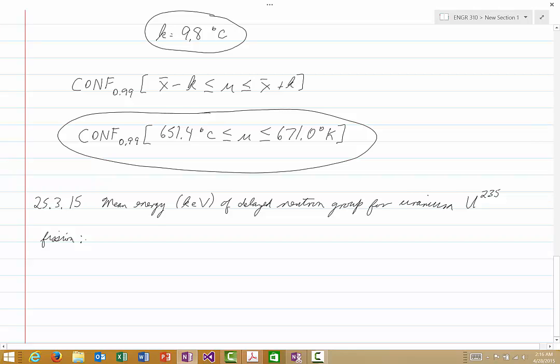I'm sorry, I've left off part of this problem. So here in 25.3.15, we're supposed to find a 95% confidence interval for the variance of a normal population from the sample.